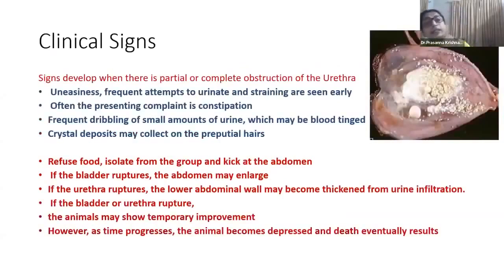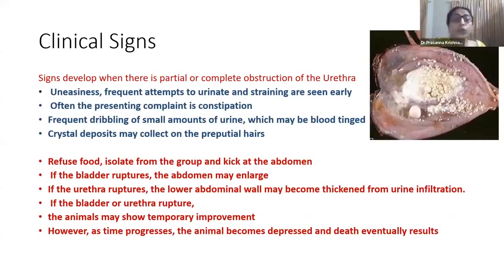So the clinical signs: the animal may have stones in the bladder or the kidney for some time but may not show symptoms until there is obstruction. When there is partial or complete obstruction of the urethra, the clinical symptoms start.